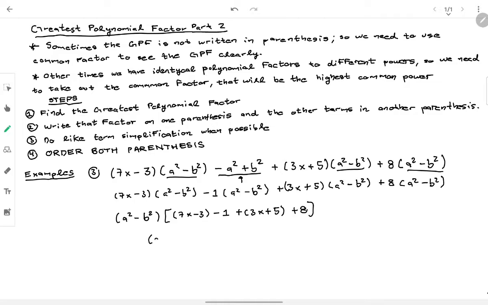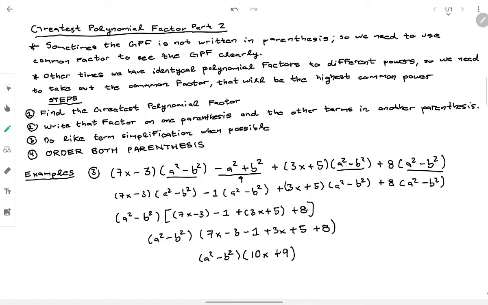So it's going to be a squared minus b squared that multiplies 7x minus 3 minus 1 plus 3x plus 5 plus 8. So it's going to be a squared minus b squared that multiplies 7 plus 3, it's 10, 10x. In the case of the numbers, 8 plus 5, it's going to be 13 minus 4, it's plus 9.